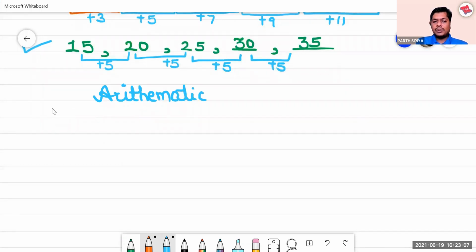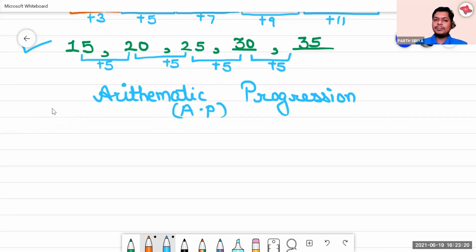In short, we call them AP. Got it? Those patterns in which every time the same number is getting added are known as AP.